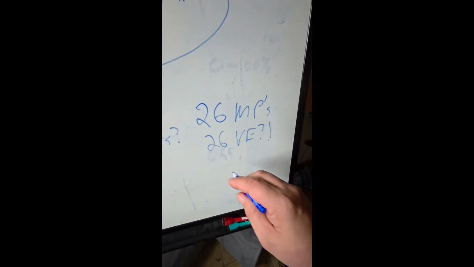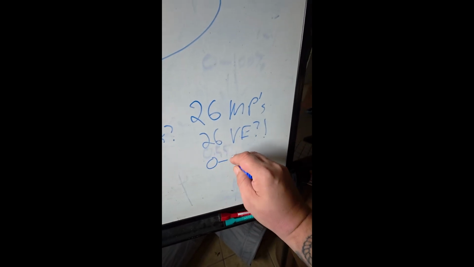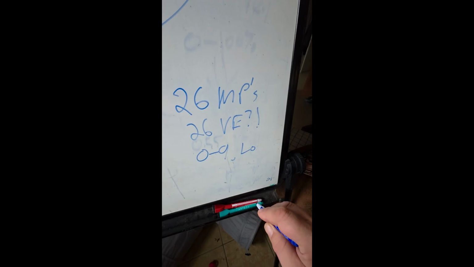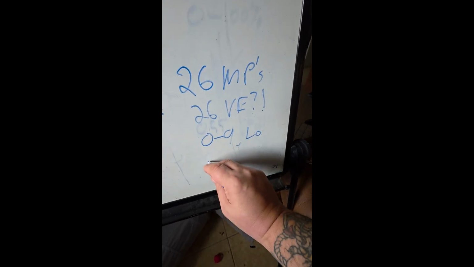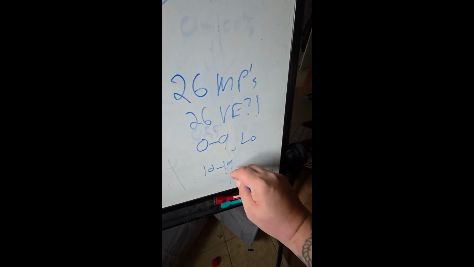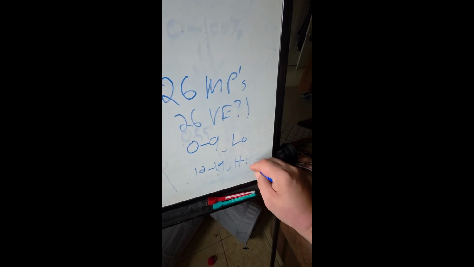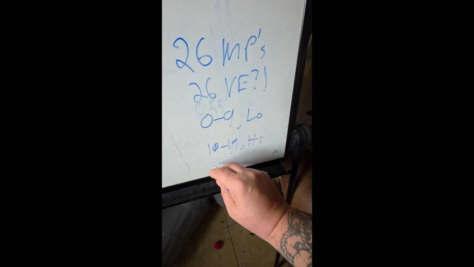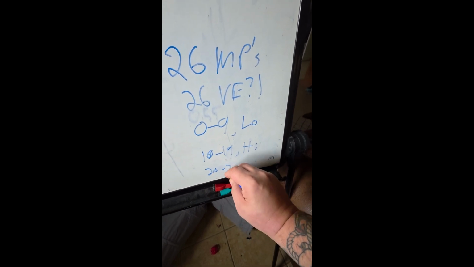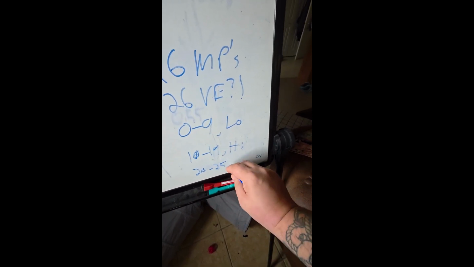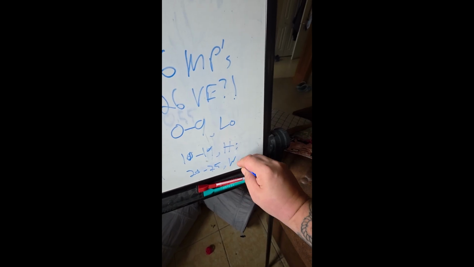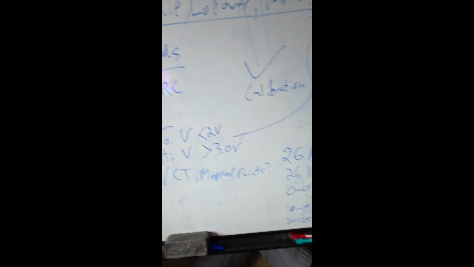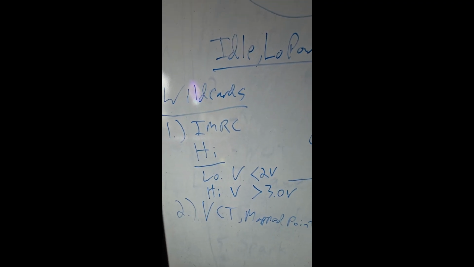And they're broken into 0 through 9 is the low state of the IMRC, and 10 through 19 is the high state of the IMRC. And then 20 through 25 are for WOT, or power. That's why that matters.